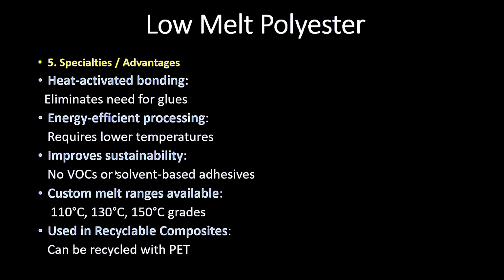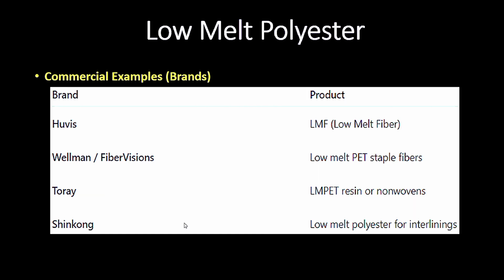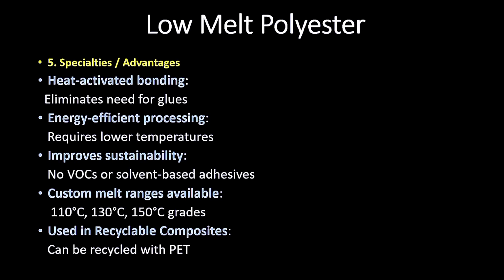The fourth specialty is custom melt range availability. It can be 110 centigrade, up to 130 centigrade, 150 centigrade. And the fifth specialty is use in recyclable components. Composites can be recycled with PET. So these are the specialties or advantages of low melt polyester fiber.